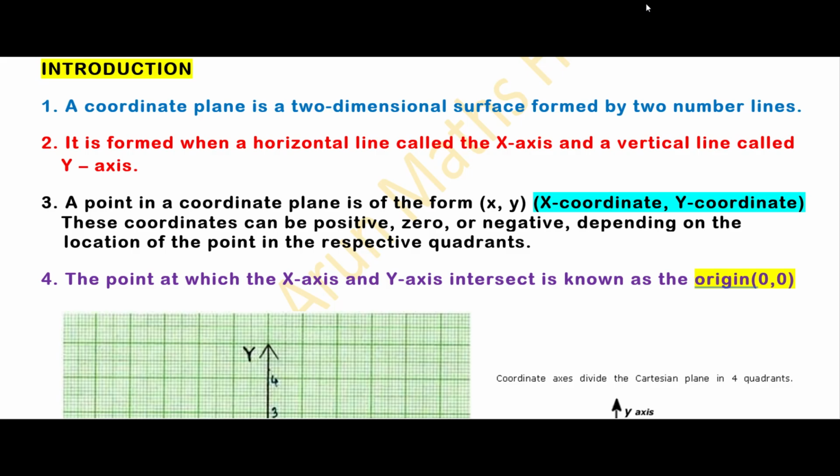Dear students, coordinate geometry is the link between geometry and algebra. A coordinate plane is a two-dimensional surface formed by two number lines.